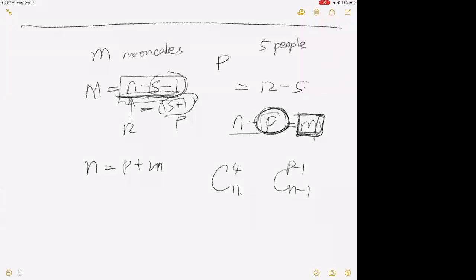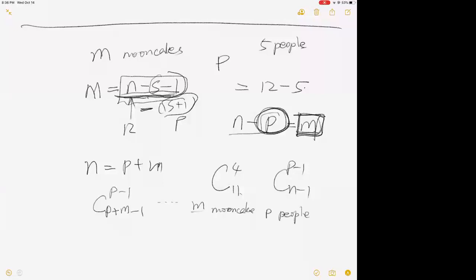And N is P plus M. So you get the final solution C(P plus M minus 1, P minus 1), for M mooncakes and P people. All right, very good.